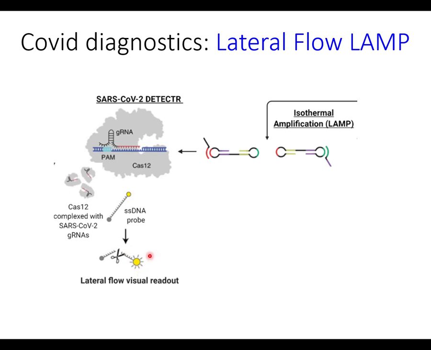This could again be a gold nanoparticle to allow us to look at it in exactly the same way as the other one. The difference being we're detecting, instead of a viral protein, we're detecting the viral RNA amplified into DNA, and then used a detection mechanism to allow this to be picked up and give us a visual readout.